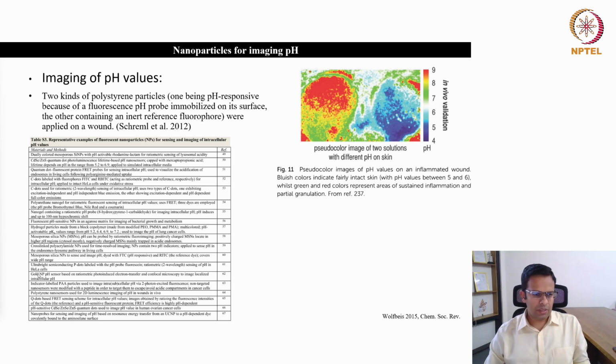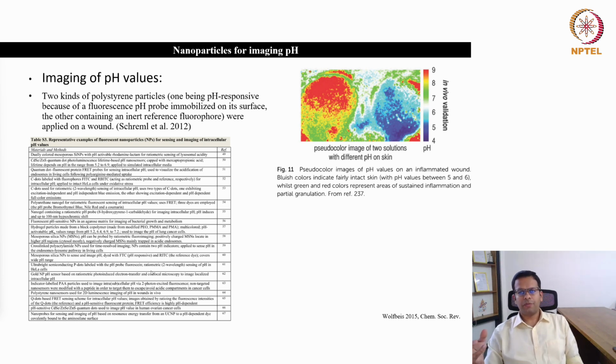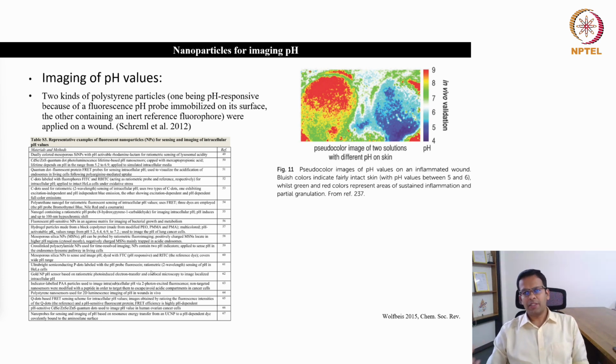You see there are several other good examples, like a gold nanoparticle pH sensor based on ratiometric photo-induced electron transfer and confocal microscopy to image localized intracellular pH. Then pH sensitive CdSe, ZnSe, ZnS quantum dots used to image pH value in human ovarian cancer cells. So different types of nanoparticles have been designed to quantify pH at the subcellular level.